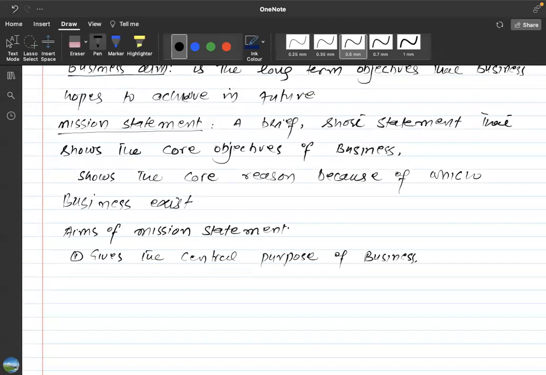Then it works to motivate the employees, because if they read such a mission statement that is so positive about the organization and people, they realize that they are working in a great organization and they feel motivated.